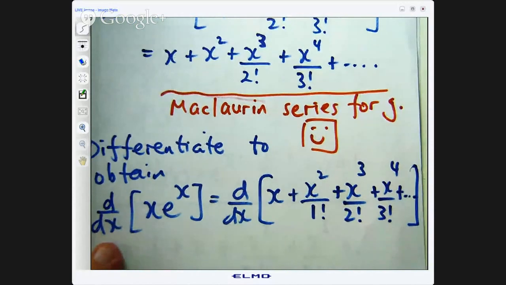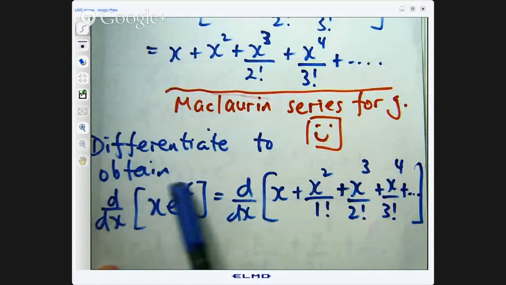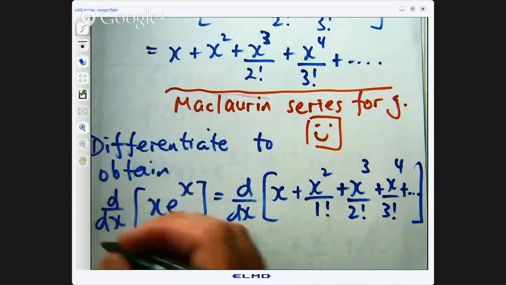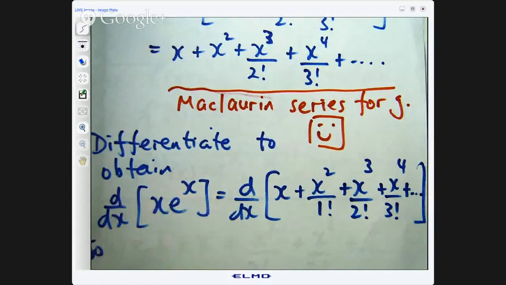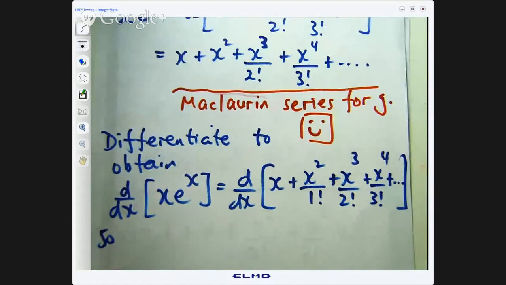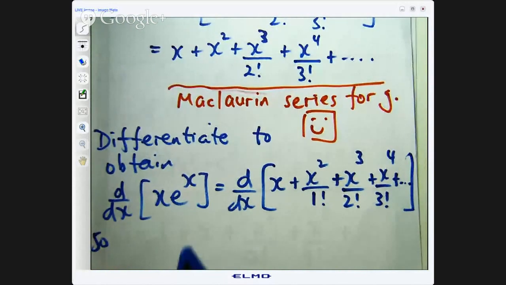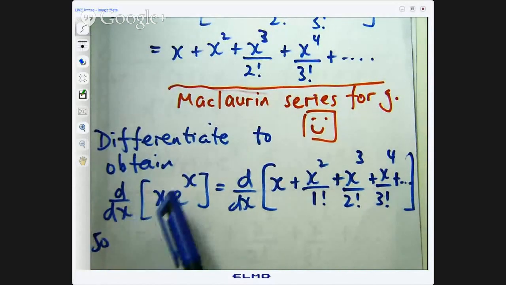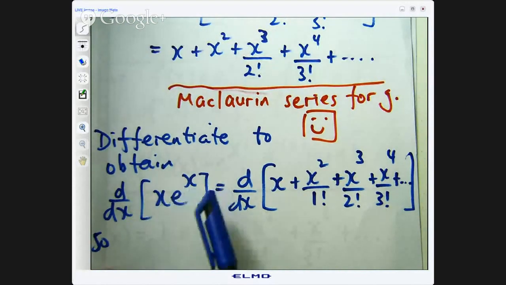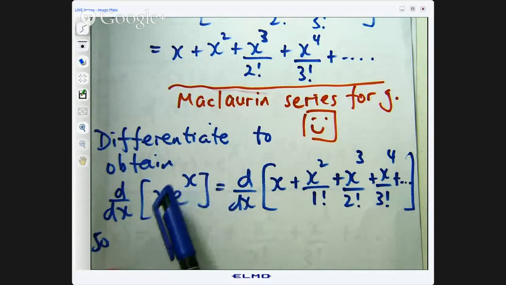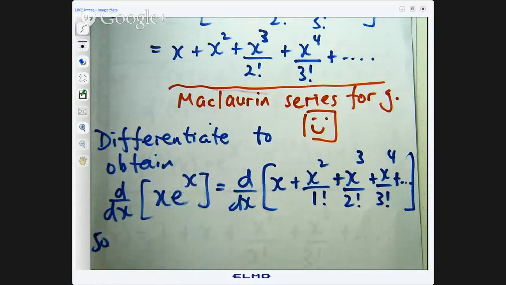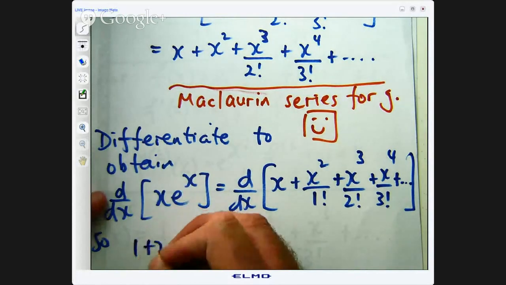Okay. So if I use the product rule to differentiate here, then I'll get the derivative of x times e to the x, which is just e to the x, plus the derivative of e to the x times x, which is just x times e to the x. So I get this.